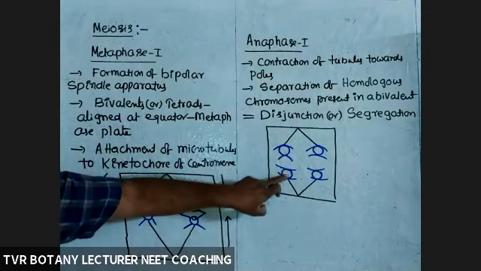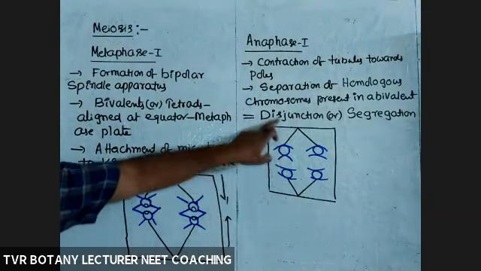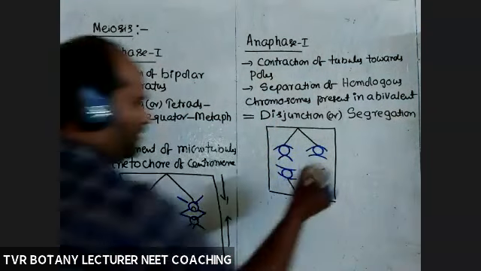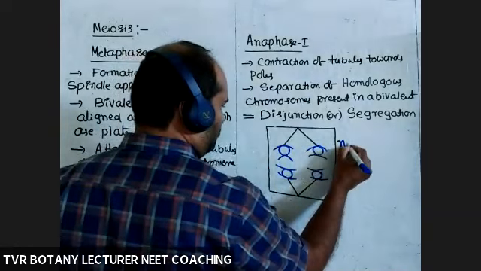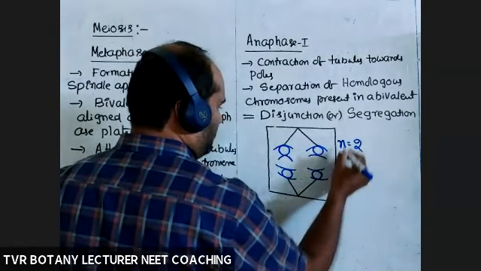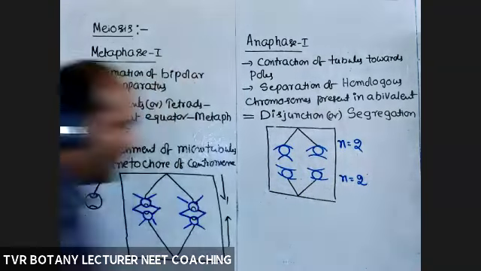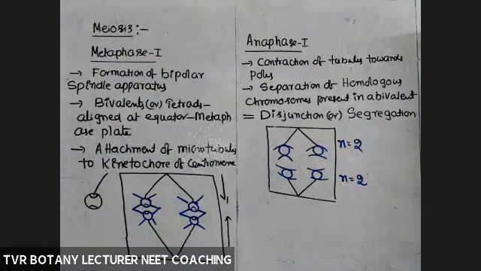This separation of homologous chromosomes present in a bivalent is called disjunction. So chromosome number is reduced to half. 2n chromosome number, haploid number of chromosome 2, haploid number of chromosome 2. So both the genomes, haploid set 1, haploid set 2, are separated from each other.